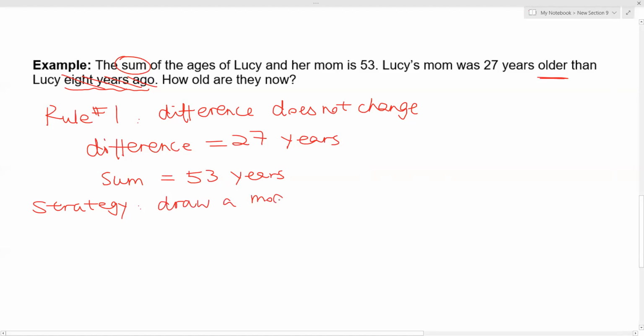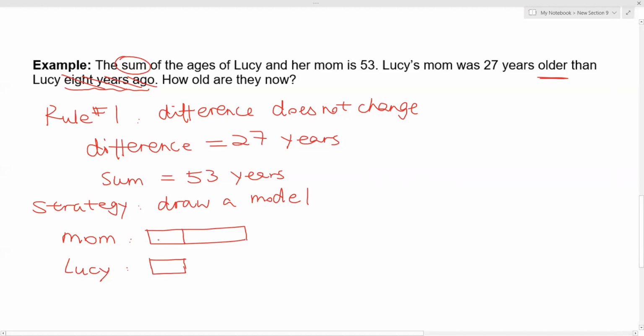So what I am going to do is first draw Lucy's mom, and I am going to use two boxes to represent her age. And then we're going to draw Lucy's age beneath her mom's age, and try to draw a same size box here.